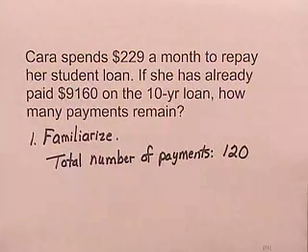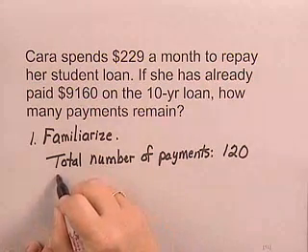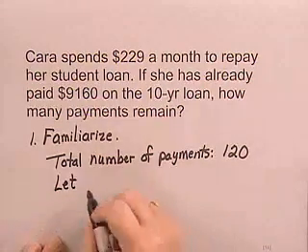So if we can figure out how many payments she's already made, we can use this number to find out how many payments remain. So that we need to define a variable.